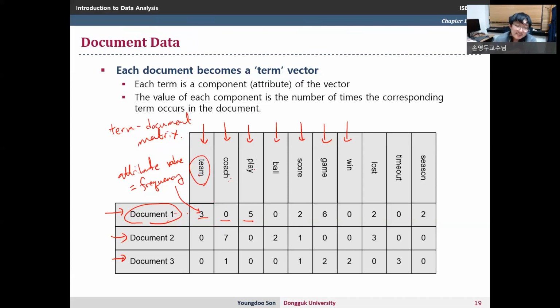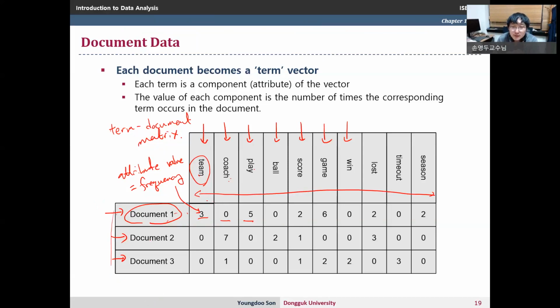So for this data, we can easily expect that this data matrix is high dimensional, because these attributes should include all words that appear at least once in the documents.